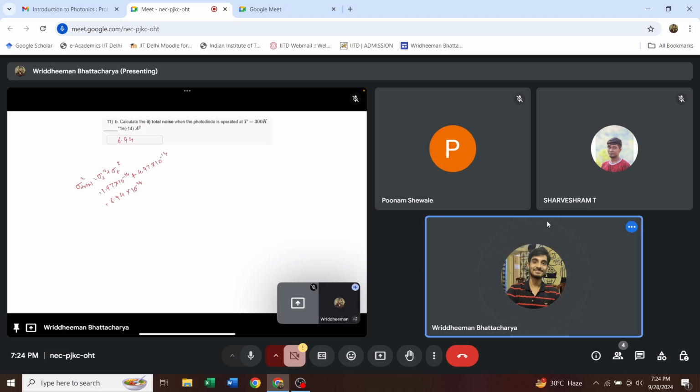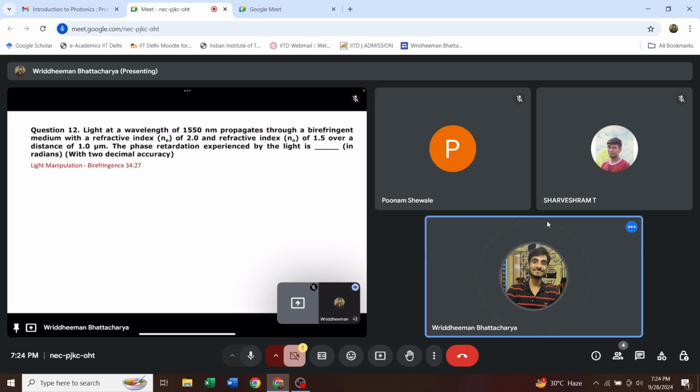Now moving on with the sample questions for week 10. I have 4 to 5 sample questions for week 10. Light at a wavelength of 1550 nanometer propagates through a birefringent medium with a refractive index Ne of 2 and refractive index N0 of 1.5 over a distance of 1 micrometer.